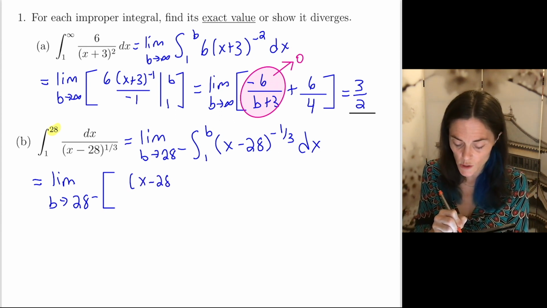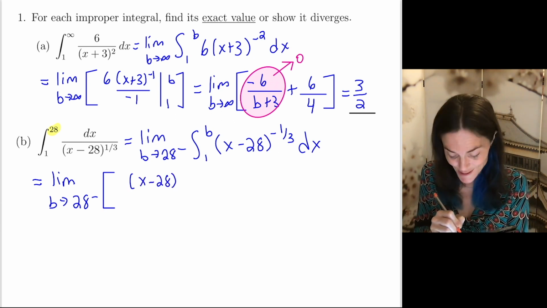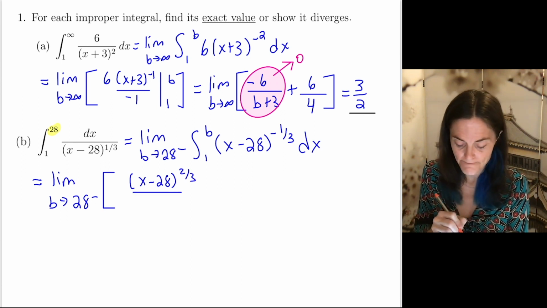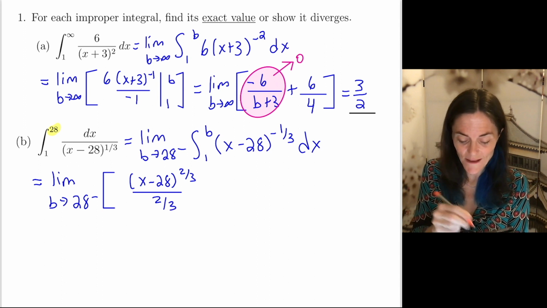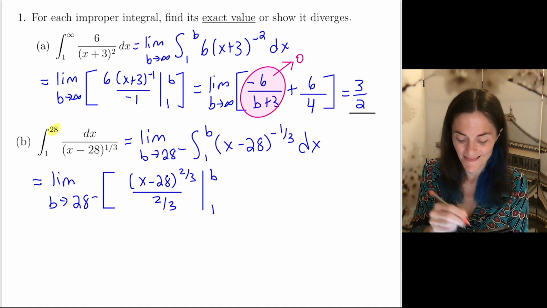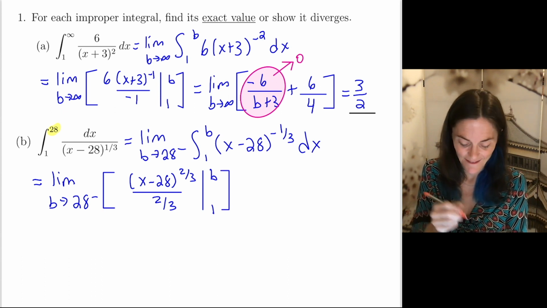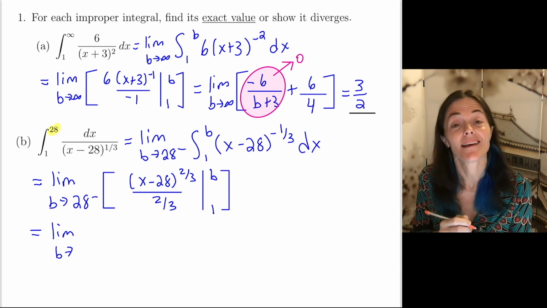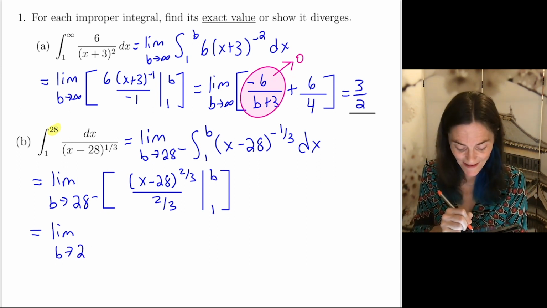This would be x minus 28 to the 2/3 power divided by 2/3. And we evaluate between 1 and b. So I keep writing limit until the very end when I actually evaluate the limit.